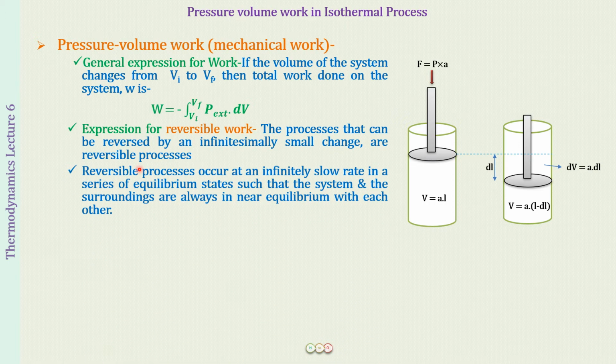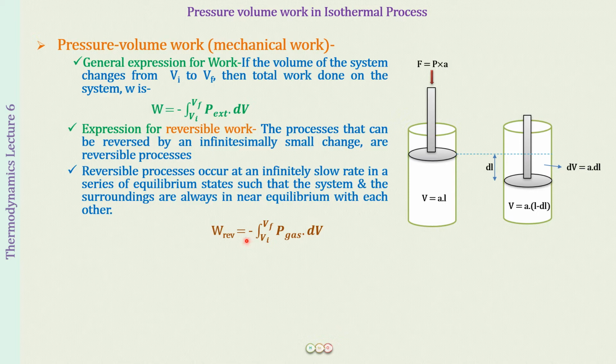Alright, so a reversible process occurs at an infinitely slow rate in a series of equilibrium steps such that the system and the surroundings are always in near equilibrium with each other. And the expression that we developed was that work reversible is equal to minus the integral from Vi to Vf of P gas dV.